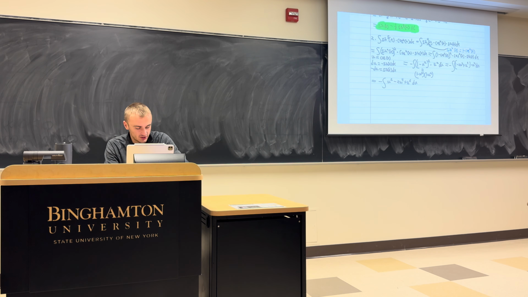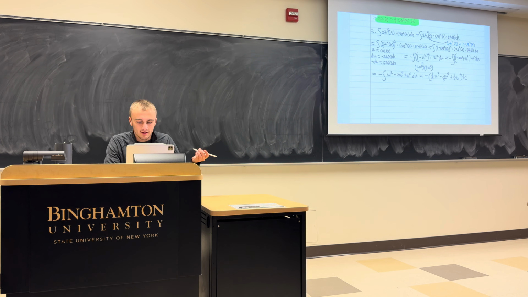And then this is a very straightforward integration problem from Calc 1, which is going to be negative times 1/3 u cubed minus 2/5 u to the fifth plus 1/7 u to the seventh, and then plus c.